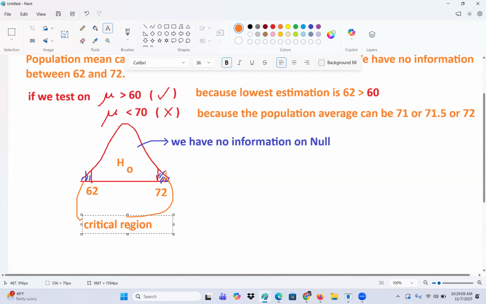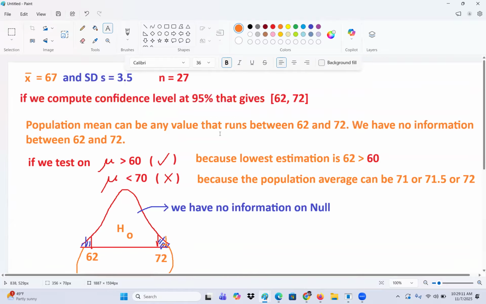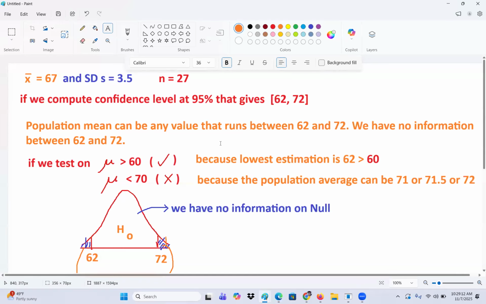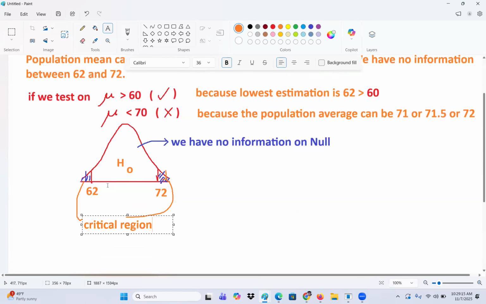The confidence level is going to provide you, the shorter the range, the more information that we know, right? And when we test any points between 62 and 72, we're not going to accept that.